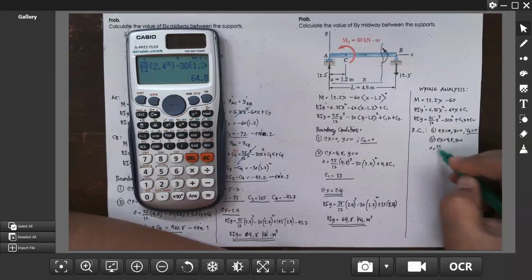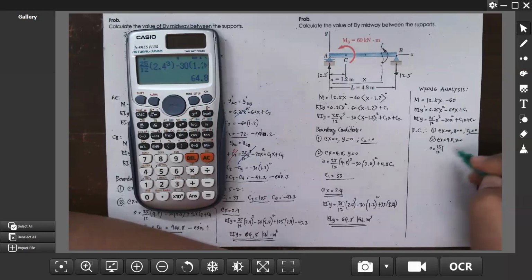So 0 equals 25 over 12 times 4.8 cubed minus 30 times 4.8 squared plus 4.8 C1.